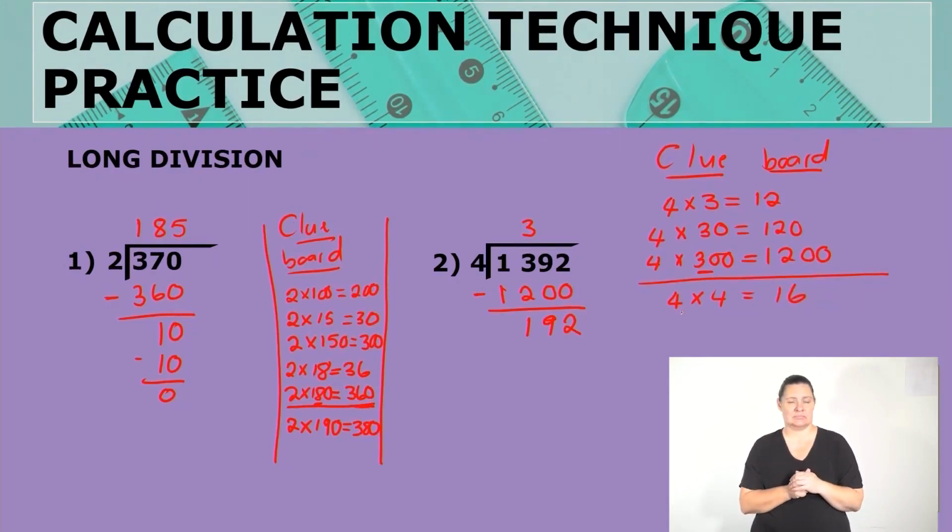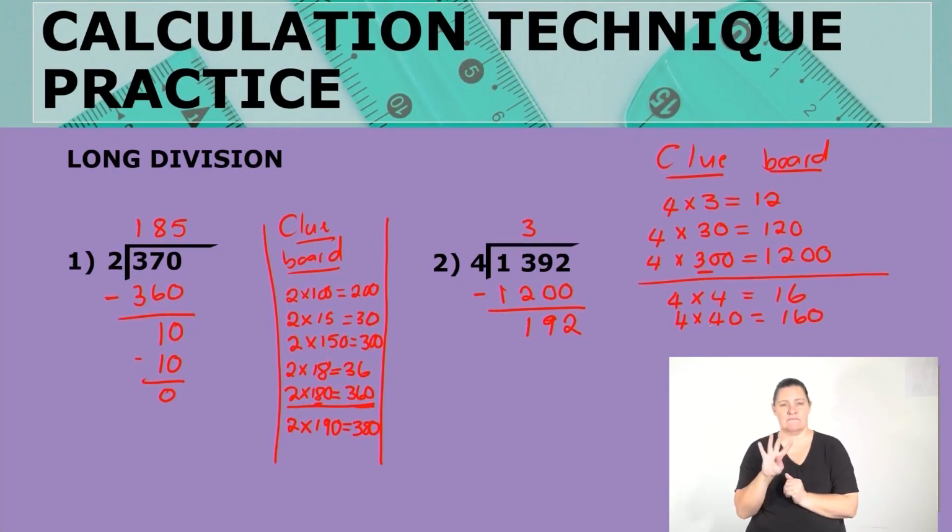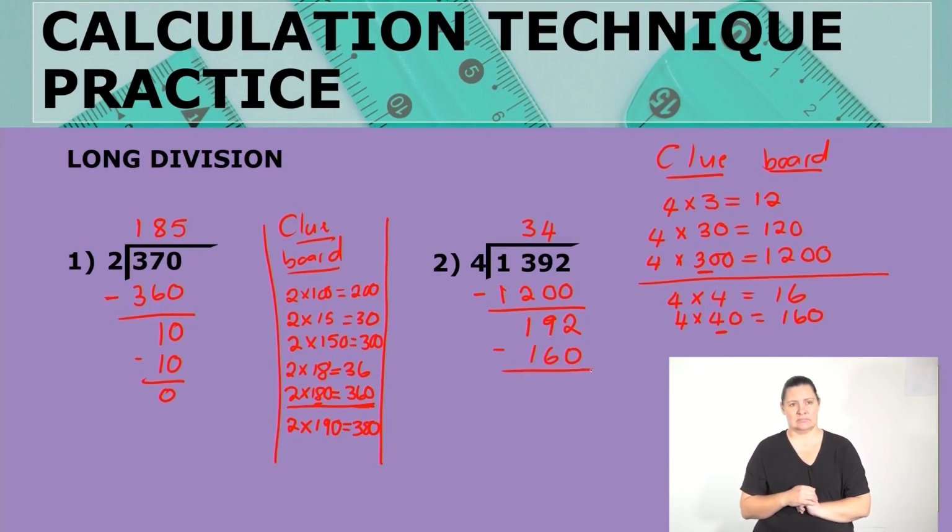So perhaps if I say 4 times 40, that's going to give me 160. I think I'm going to work with that. So 4 multiplied by 40. Because I multiplied by 40, I need to place a 4 in the tens column, and then 40 multiplied by 4 is 160. And then when I subtract that, 192 minus 160, that leaves me with 32.